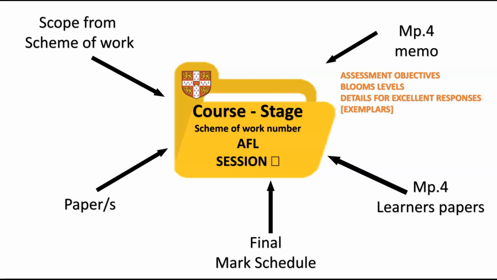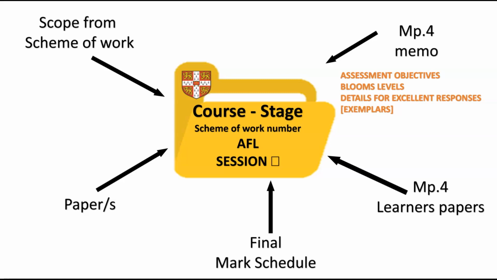I want all of your learner papers. I want the final mark schedule. What did each child receive in terms of marks in this folder? The papers and the scope. And the scope must come from the scheme of work.